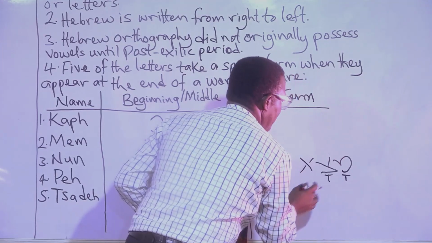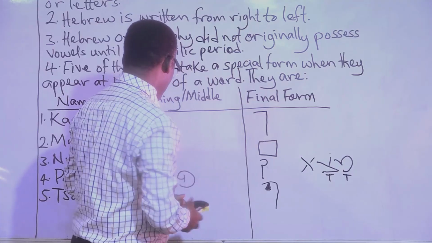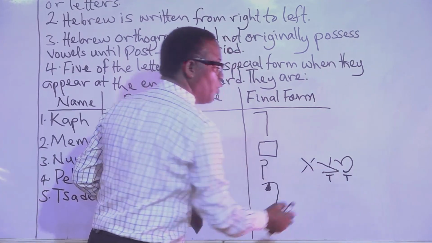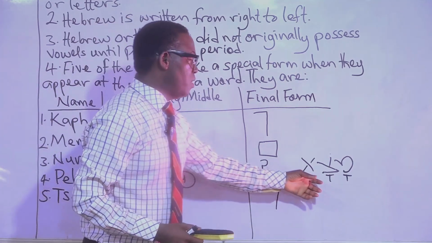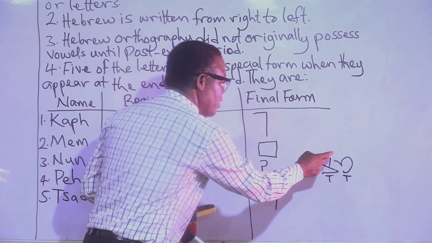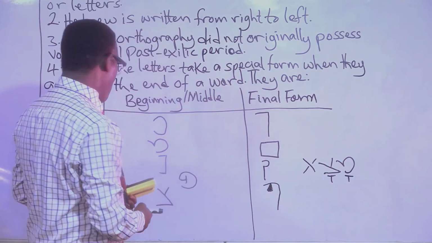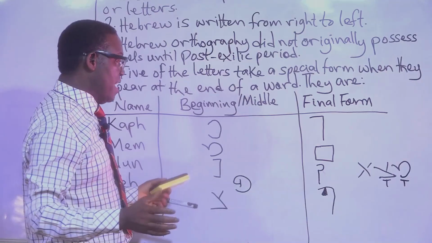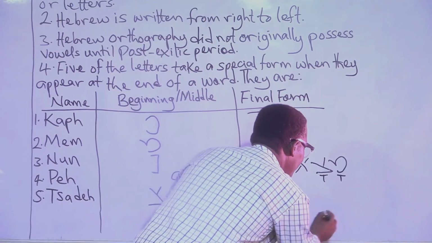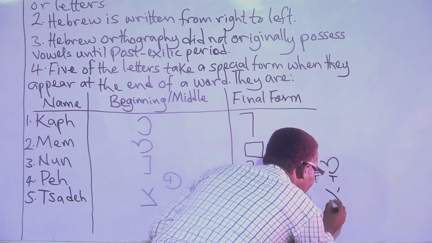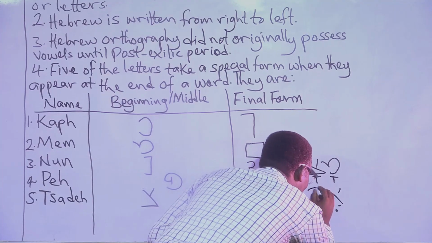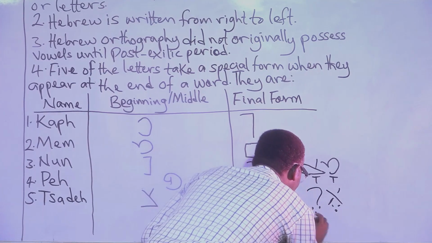We look at the word matsah, with the normal form of tsade in the middle. Because it's in the middle, it takes the normal form. Another word, where it ends, is the word eretz.